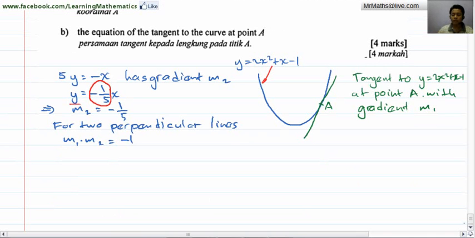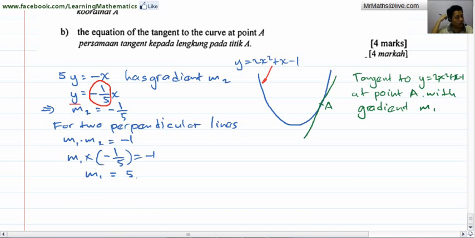So now we can find the gradient of the tangent to that curve. M2 is known, so M1 times minus 1 over 5 is equal to minus 1, and as such M1 is 5. That's the gradient.